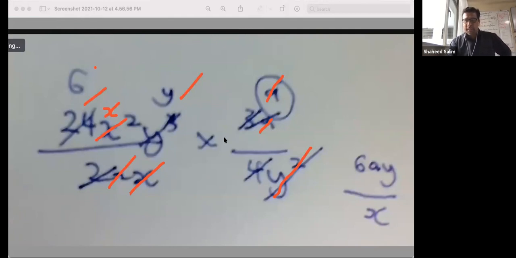You cancel the 3, is it? But what do you divide it by at the bottom? Nothing. So the 3 is still around. But the 2 here, you can divide the 6 by the 6, you get 3. So 3 times 3, you get 9. x, y, xy. At the bottom, all are gone. So the answer is 9xy.